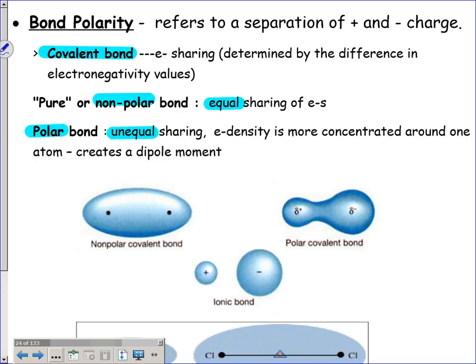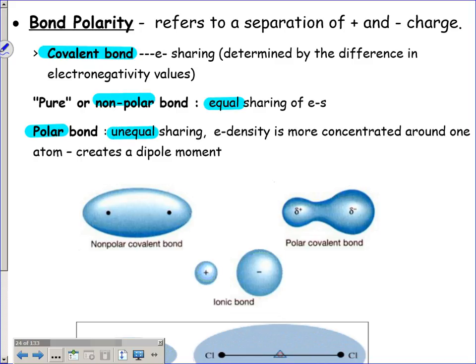Shake my hand. We're trying to share electrons. He has one and I have one, but he's got a stronger pull on my electron. But we're still sharing, still holding hands. Who's sharing more? Me. It's still a covalent bond, but he's got the partial negative side of the bond because more electrons surround him, and I have fewer electrons, so I have a partial positive.